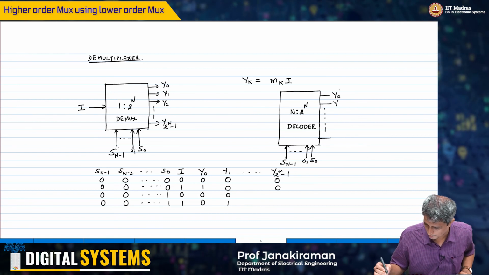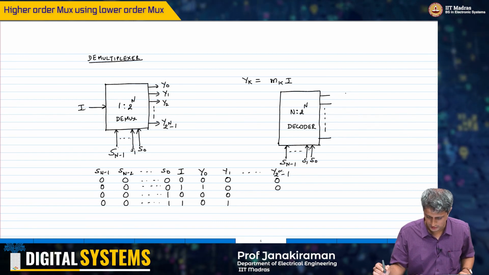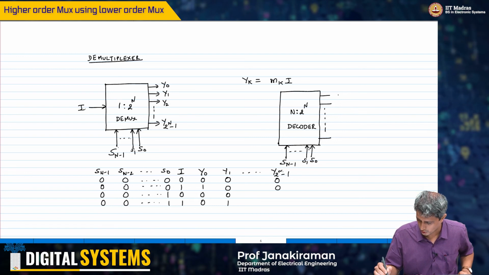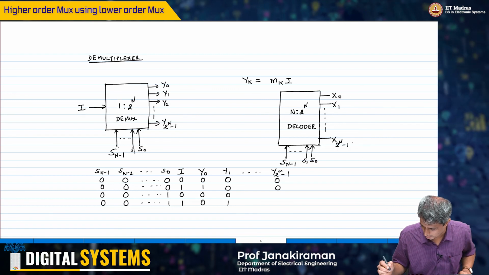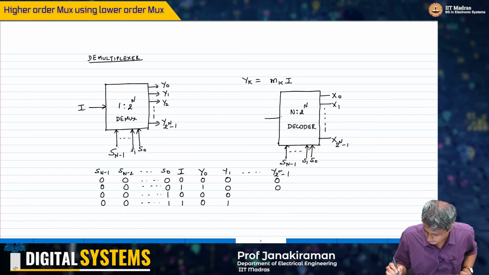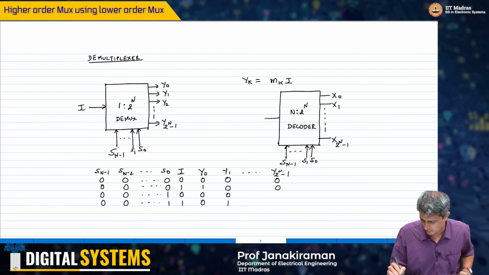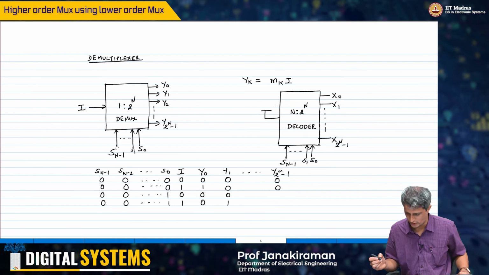I'll not call them y0 because the demultiplexer output is also y0. So let me call these x0, x1, x2 power n minus 1. The enable to this decoder, I could just tie it to 1 if you wish.